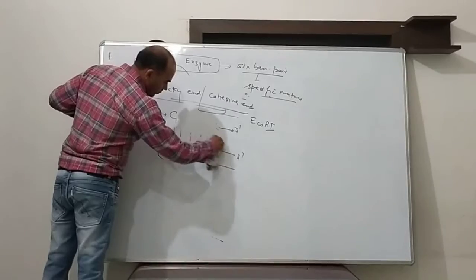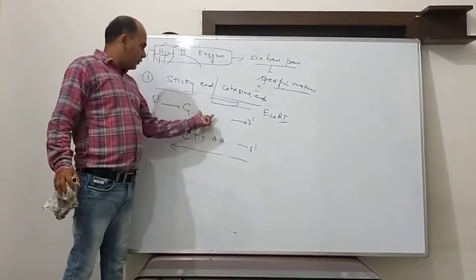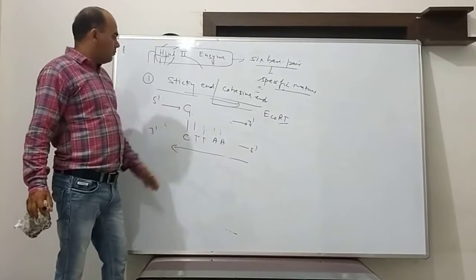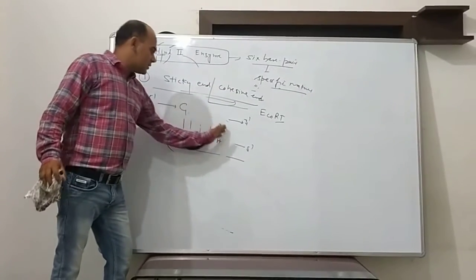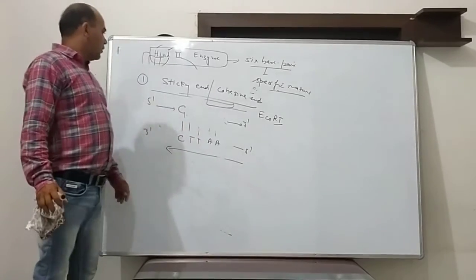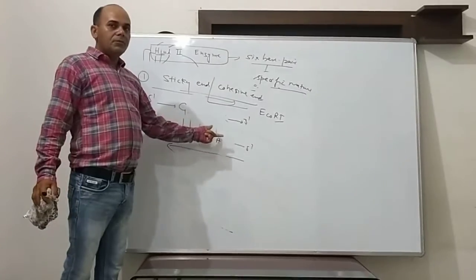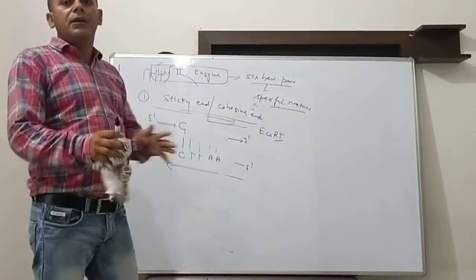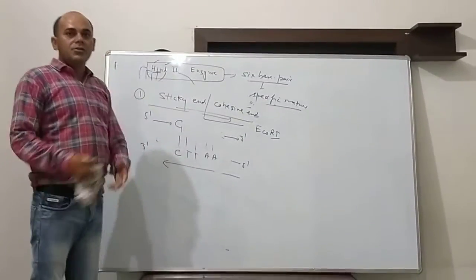Before that it was double stranded, but when the enzyme makes the cut, the upper portion is removed. Now single stranded nucleotide bases are remaining behind. So this kind of end is called sticky or cohesive. Sometimes this is called hanging, because out of two strands only one strand, the unpaired nucleotide bases, is remaining behind.